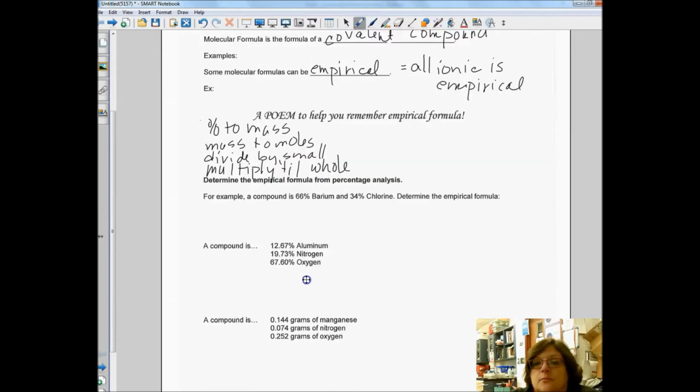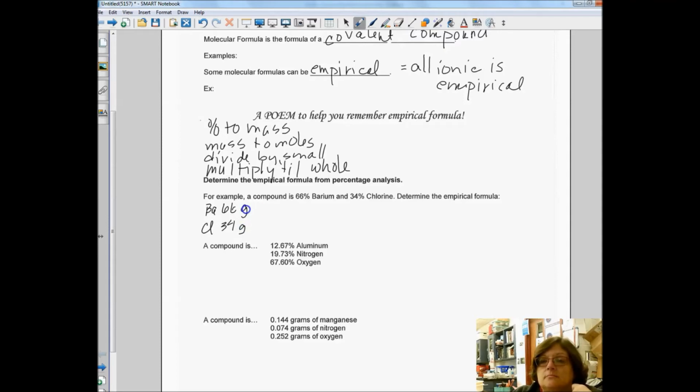Let's do an example. If you have a compound of barium and chlorine, 66% of it is barium, 34% is chlorine. Okay, if we follow our poem, the first thing we have to do is change that percent to mass. Now, this is the hardest thing you will do in chemistry. You're going to write barium down 66% and chlorine down 34%, and then you're going to erase the percent and write grams.